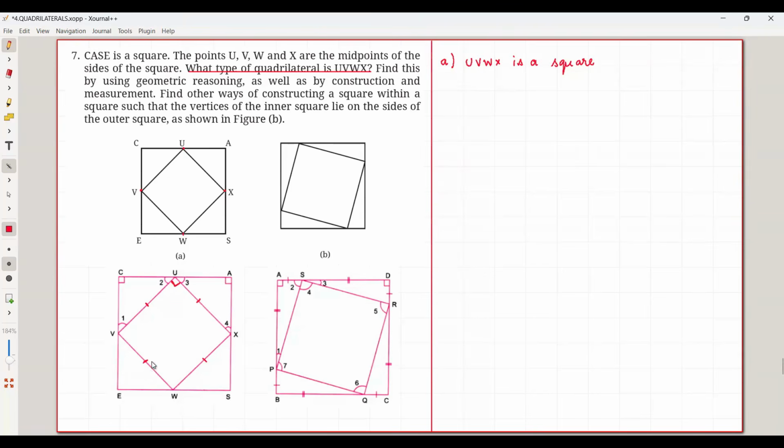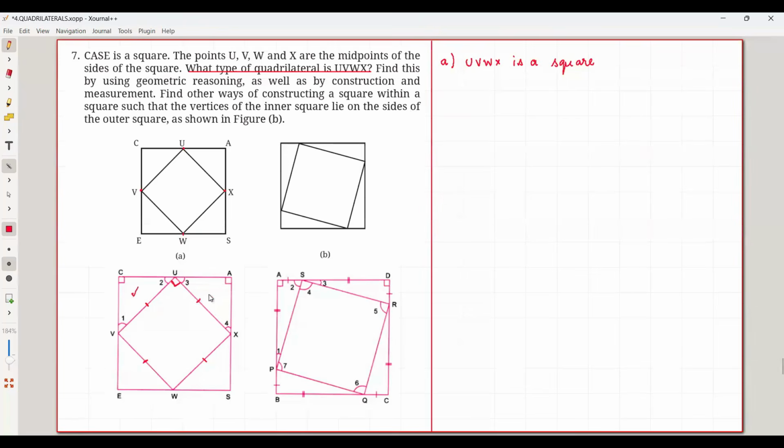Okay, how can I prove it? We already learned about the congruency of triangles. We are going to prove the triangles are congruent. Which two triangles? I'm going to prove triangle VCU is congruent to triangle UAX.